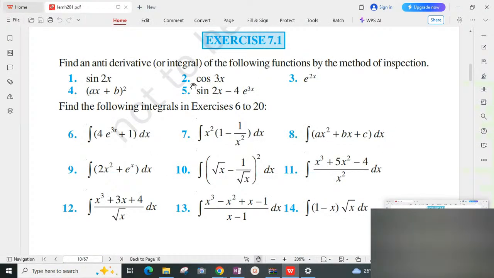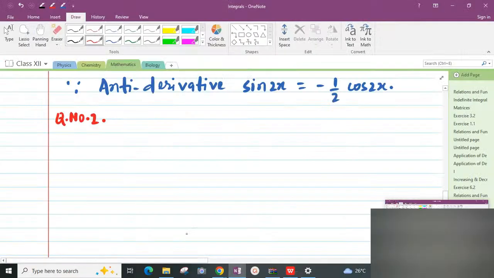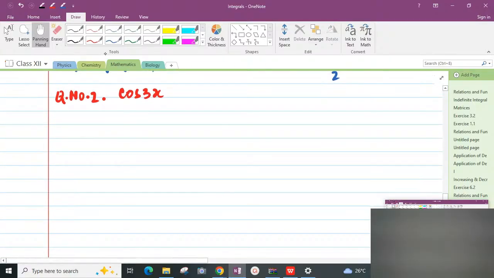So here question number 2 is cos 3x. Let's see the solution of this question. We look for a function whose derivative is cos 3x.